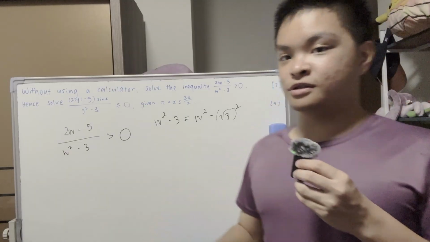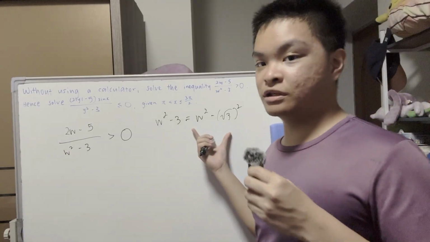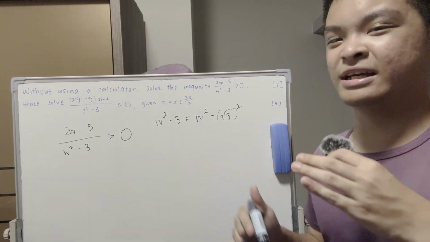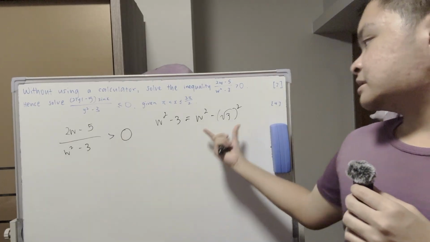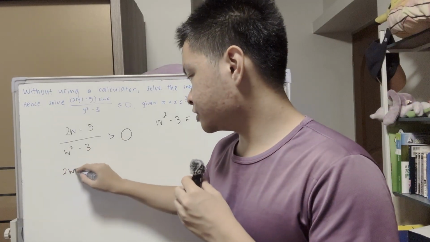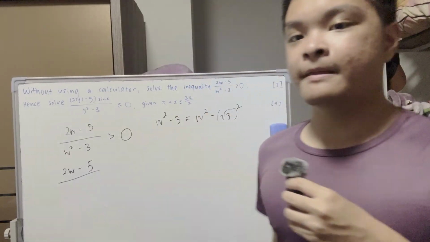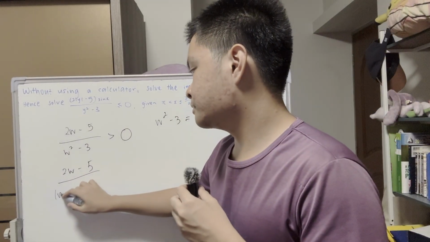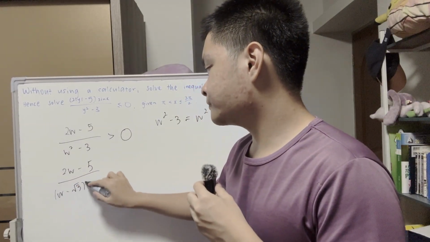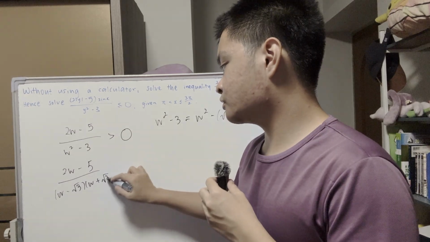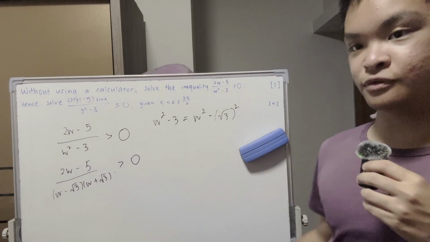So we're going to make use of that and use the difference of squares formula, which is just a squared minus b squared. So if I sub this in, 2w minus 5 over (w minus square root 3)(w plus square root 3) is more than 0.